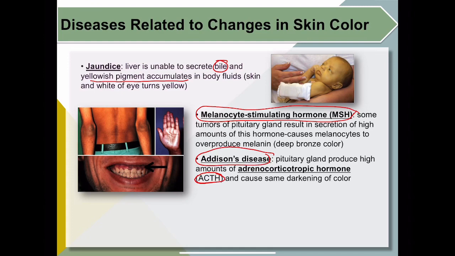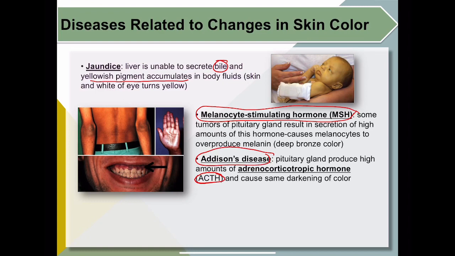Now, this is actually a secondary effect because Addison's disease causes underactive or damaged adrenal glands, which leads to an insufficient amount of cortisol. And hence, in response to that, the body keeps releasing more ACTH to try to signal the adrenal gland to release cortisol. ACTH is released by the pituitary gland.